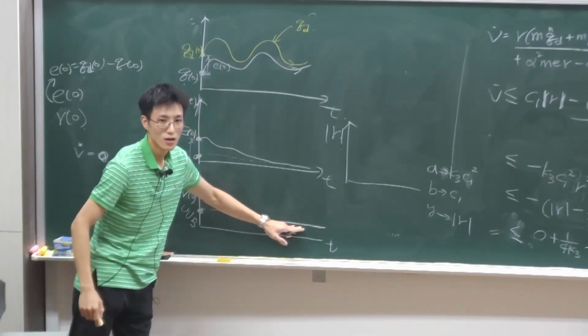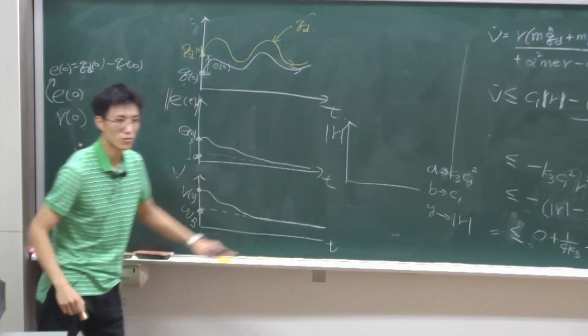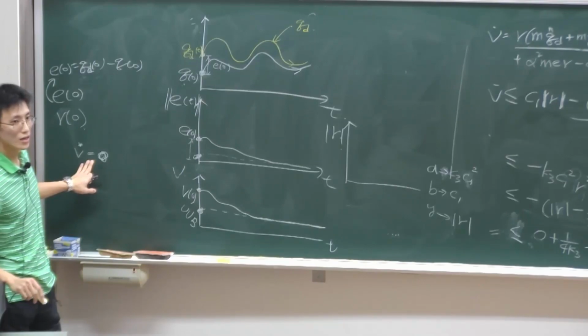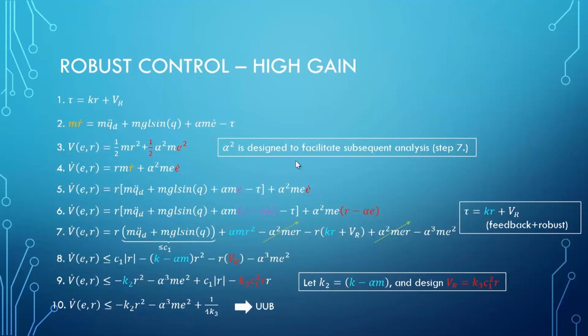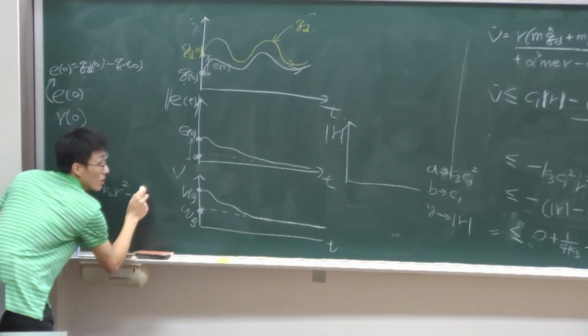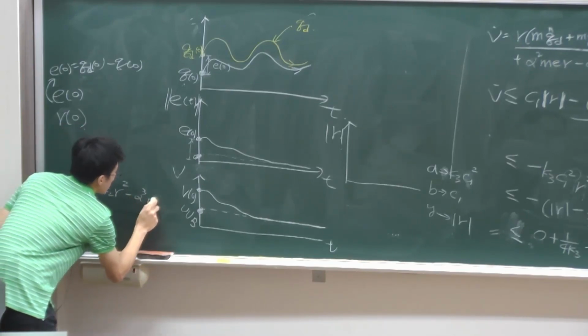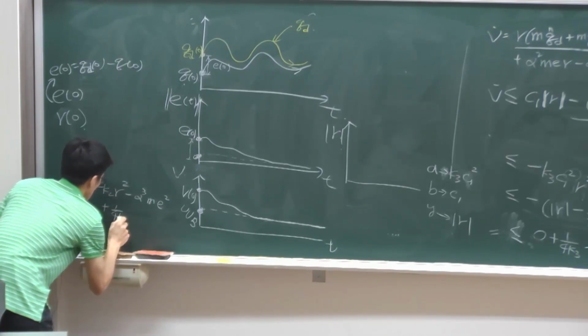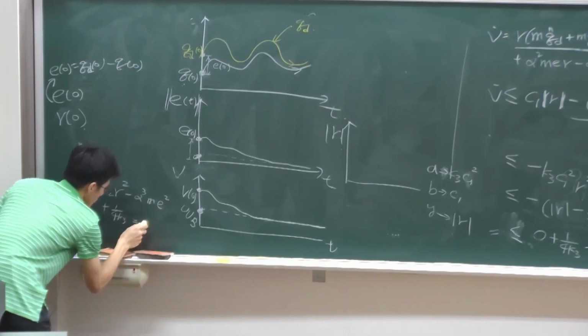If V is constant, V dot will be 0, right? And although it's an inequality, you let this one be 0.